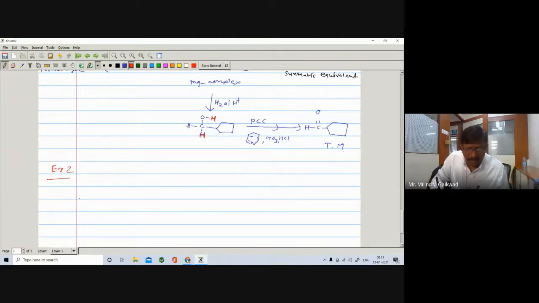Previously we have written like this one, right? It was 5 member. Now here, if I write 6 member, then you are having the same disconnection. This is the next example. And suppose if I write here CS3, then it is the next example.